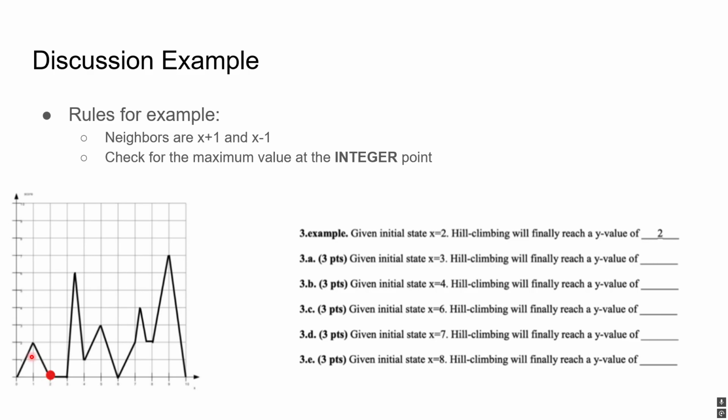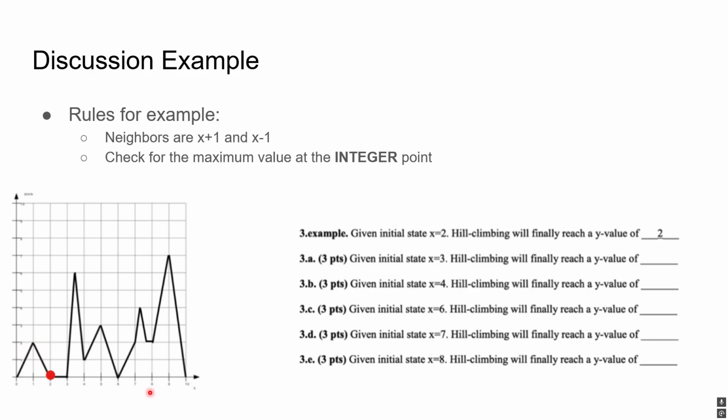You're checking at -1 at x is equal to 1 and +1 at x is equal to 3. You'll see that x is equal to 1 has the highest neighbor. You'll iterate again just to double check and make sure that there's no more things that you can iterate to, at x is equal to 0, at x is equal to 2. You'll see that they both go down, so then your final y value will be 2.